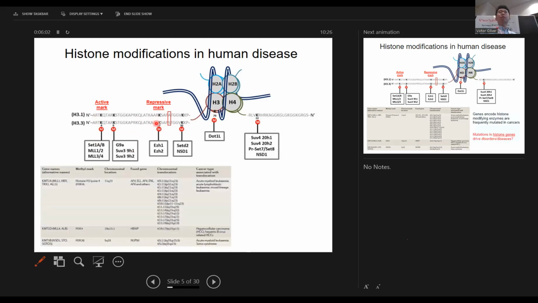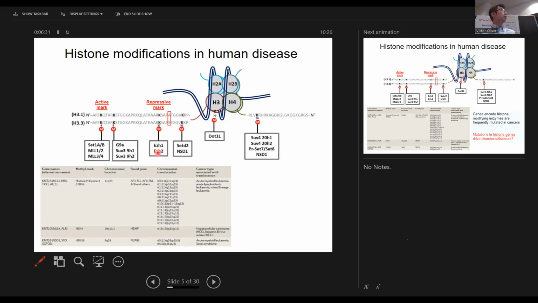So in the past decades, many of these enzymes have been found mutated in different cancers. For example, the MLL complex has been found mutated with gene translocation in different leukemias. And the EZH1, EZH2 enzymes have been found mutated in prostate cancers. So it has been known that these enzymes are mutated in different cancers because they affect the histone modifications.